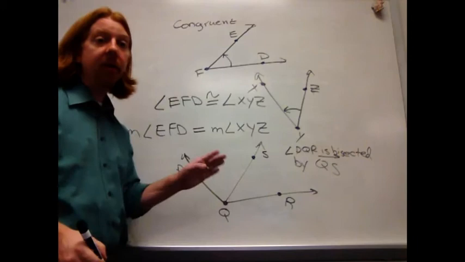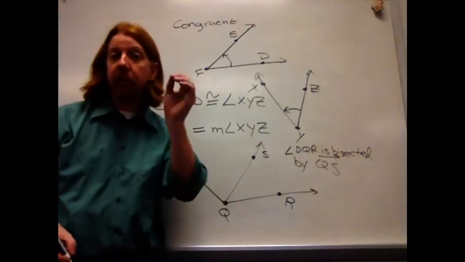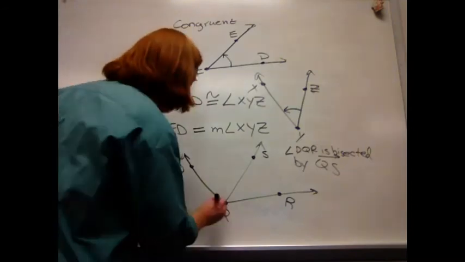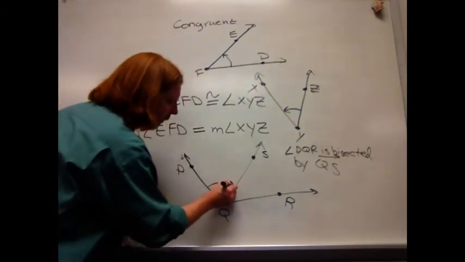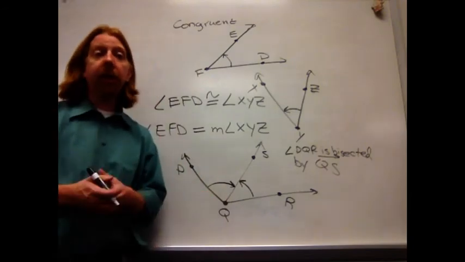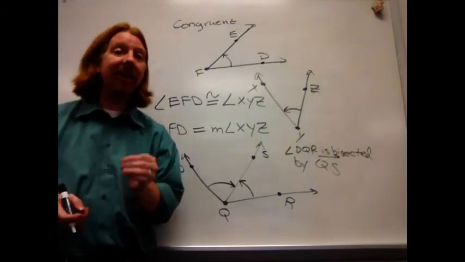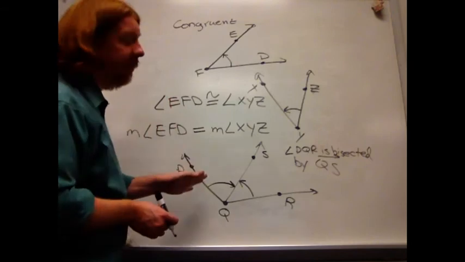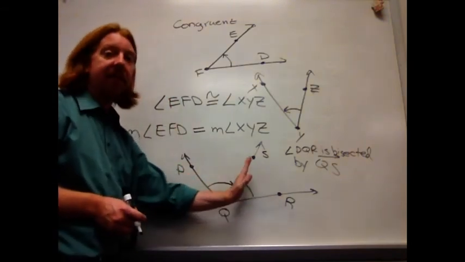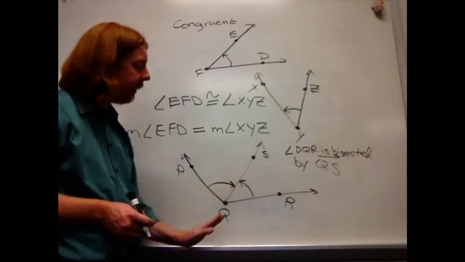Now notice I put the arrow over the top of the QS to indicate it's a ray that's shooting out there and bisecting it. That means these two angles are going to be the same. As we've talked several times already, the word bisector means to cut into two equal parts. That's what I'm doing here. I've got this half and this half.